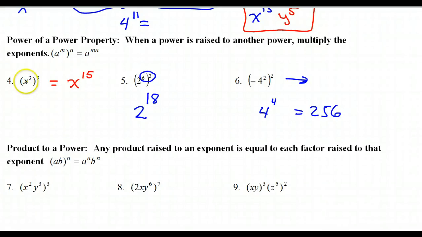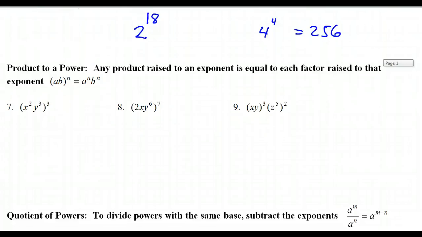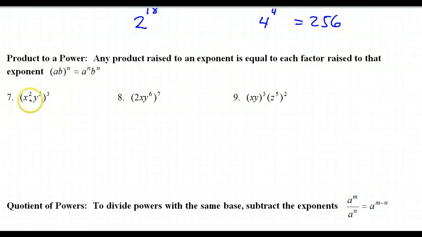If I have something in the parentheses with a power on it and then I raise it to a power, you know I multiply. Okay? So that same thing is going to still apply no matter how many things I have in here. So I'm still going to multiply the 3 times the 2, and I'm still going to multiply the 3 times the 3. Alright, it's really not a different rule.